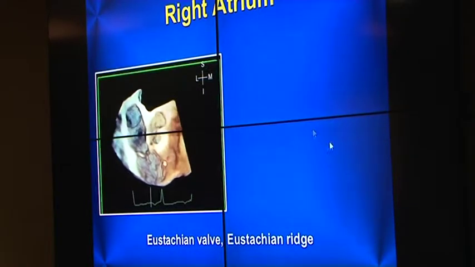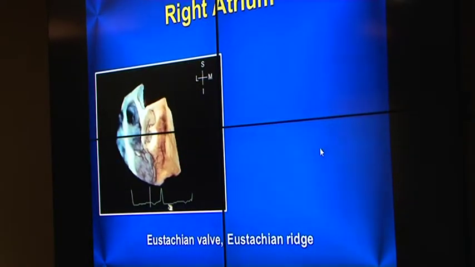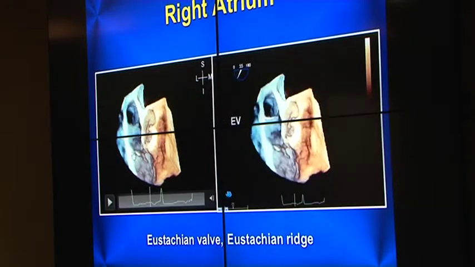The Eustachian valve or ridge, if it is a little bit enlarged, will separate the entrance of the inferior caval orifice from the coronary sinus, and it is merged medially with some portion of the interatrial septum, the inferior walls.